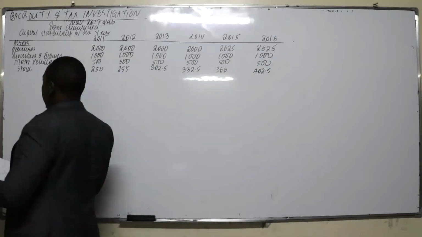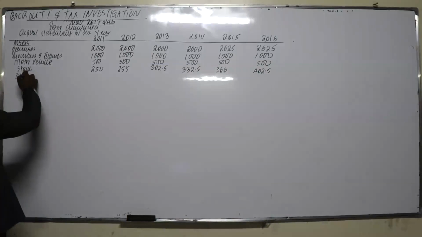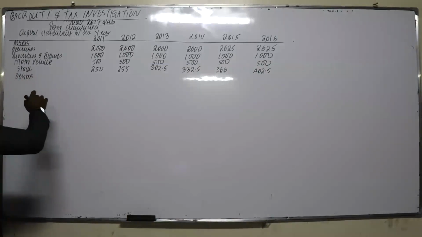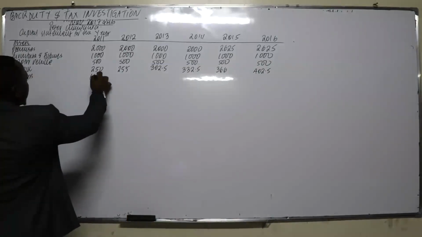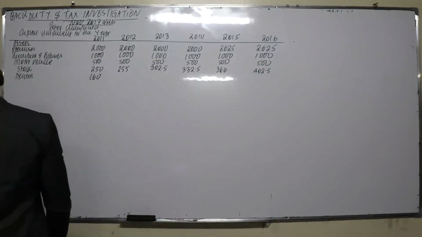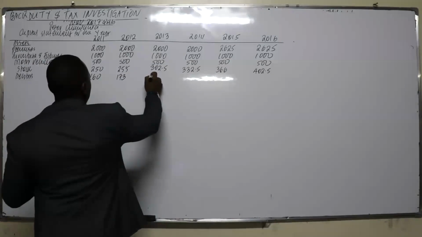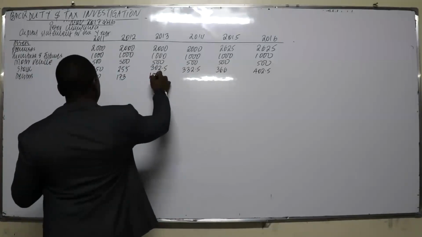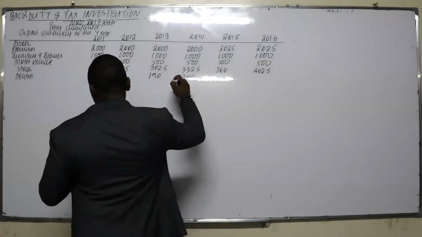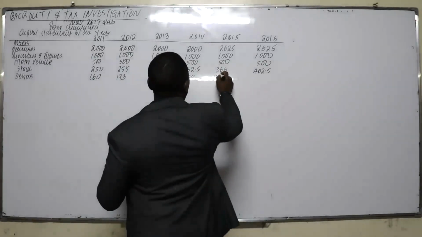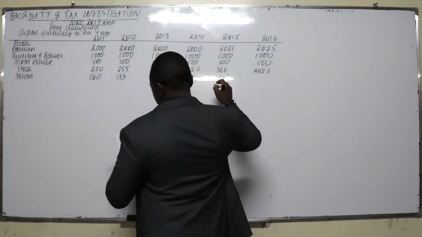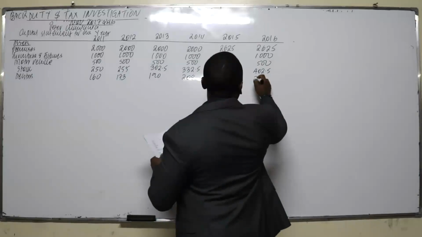We also had debtors. 2011 was an amount of 160. For 2012 was an amount of 173. We also had 190, 28, 30.5, and then 253.